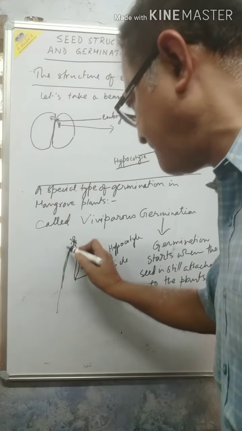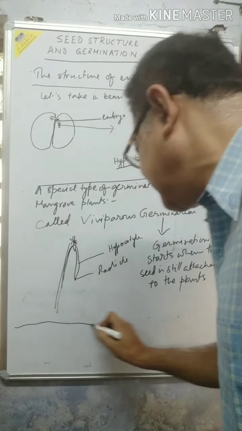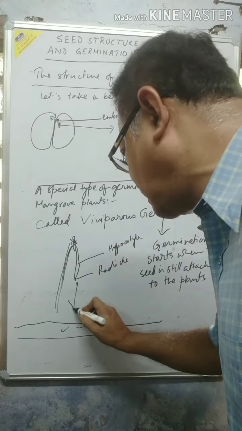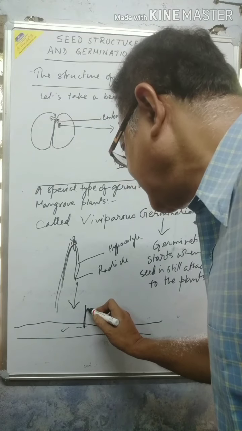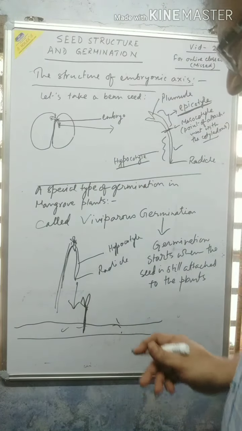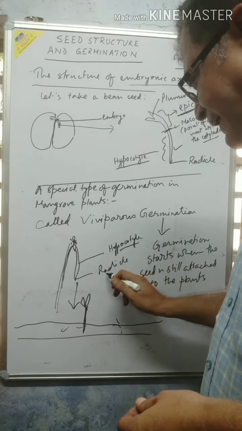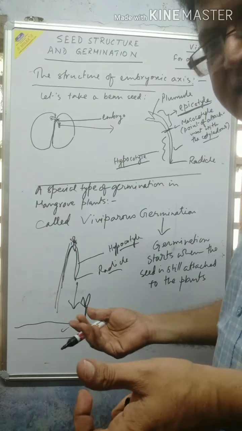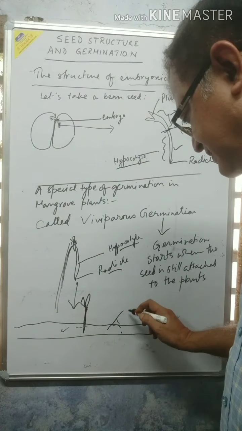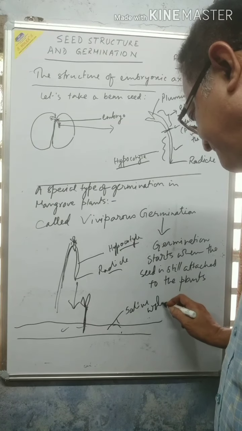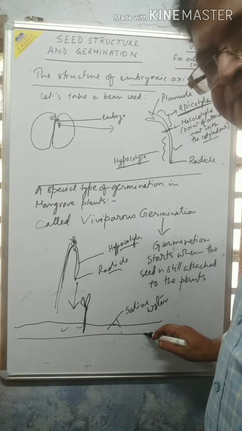And when the germination is done, since the soil is waterlogged, this falls on the ground and the hypocotyle and radicle pierce the ground and start growing. It is only because of the saline water filling up the soil.